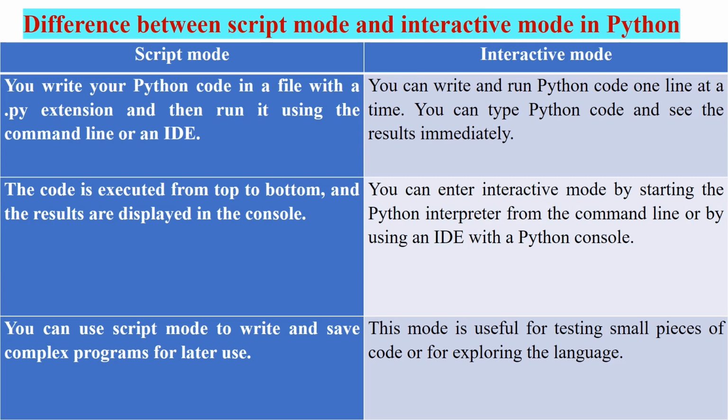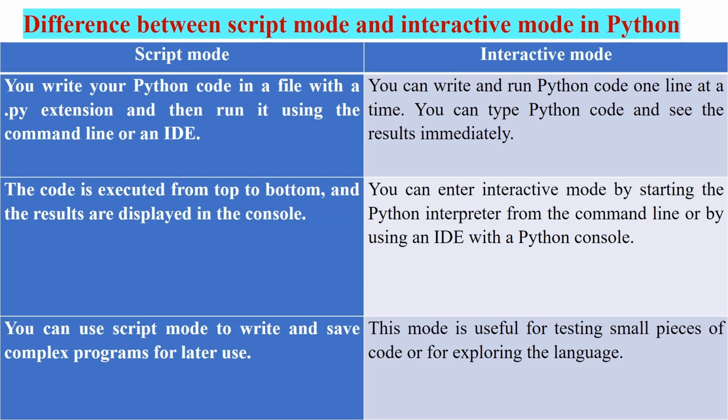You can see the difference between script mode and interactive mode in Python. First point. In script mode, you write your Python code in a file with a .py extension and then run it using the command line or an IDE. But, in interactive mode, you can write and run Python code one line at a time. You can type Python code and see the results immediately. Second point. In script mode, the code is executed from top to bottom and the results are displayed in the console.